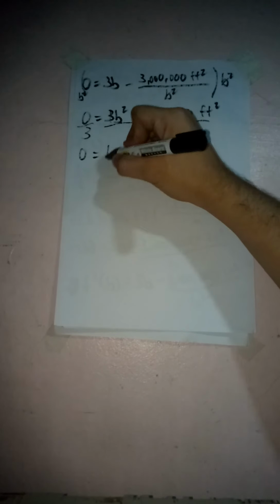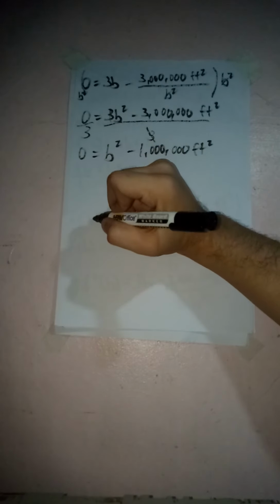Now we only have this, so we can now divide it with 3. So let's divide it with 3. Cancel. We are now going to have 0 equals B squared minus 1 million feet squared.